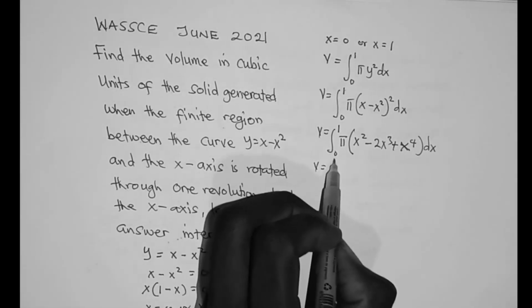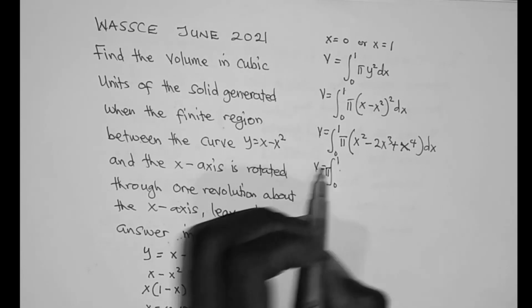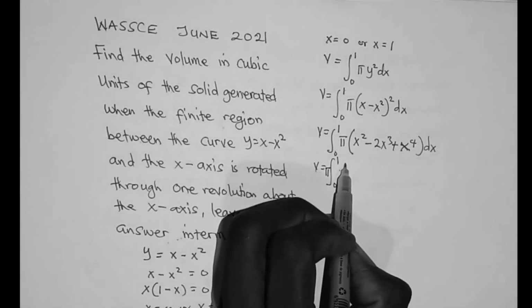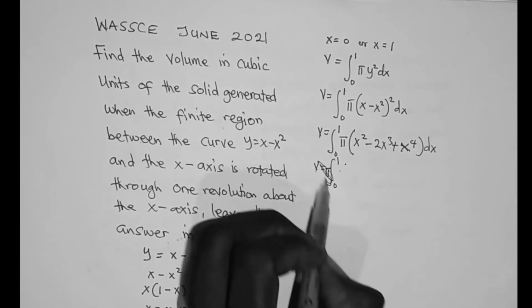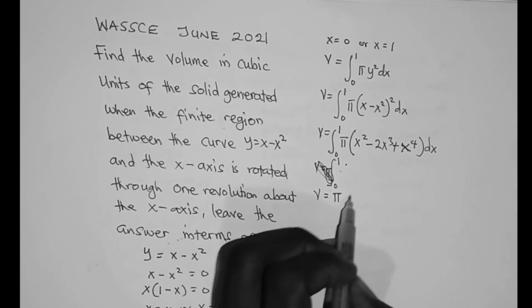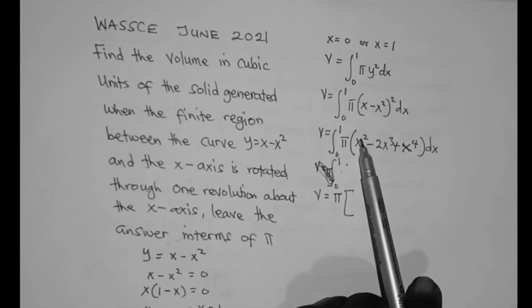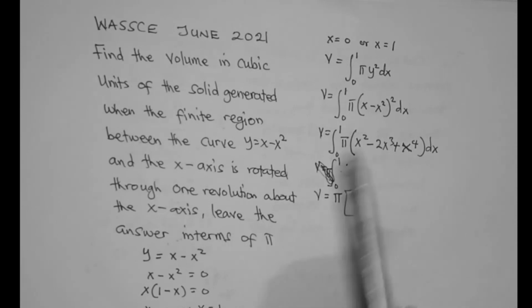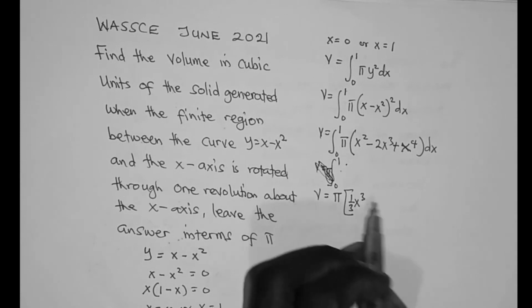So the volume generated V is equal to the integral of 0 to 1 of, let me bring out pi since pi is a constant. So let's do the integration. 2 plus 1 is 3, so it becomes 1 over 3 x exponent 3.